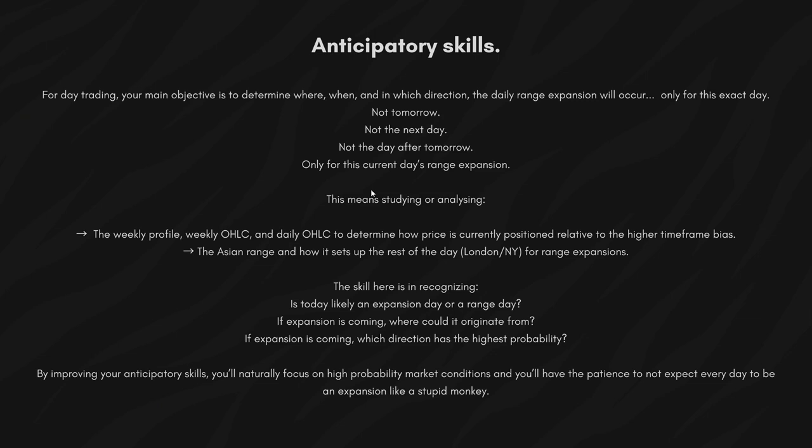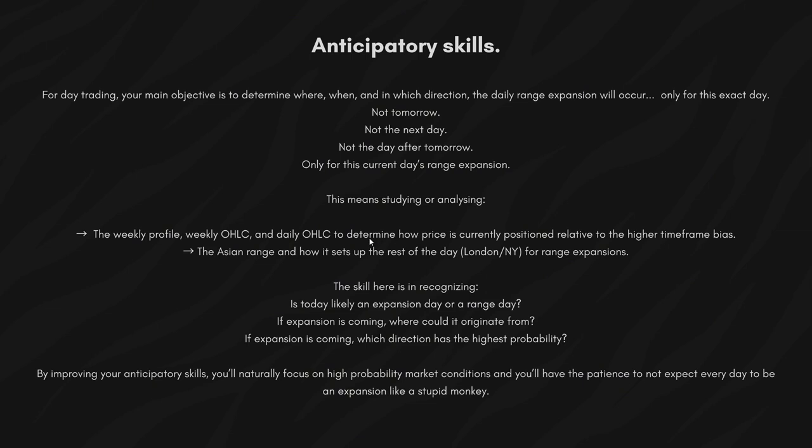And the reason I'm telling you all of this, even though it may seem simple or cliche and you may already know about it, is because let's say you have a weekly bearish bias. Let's say you are expecting the current week to expand lower.